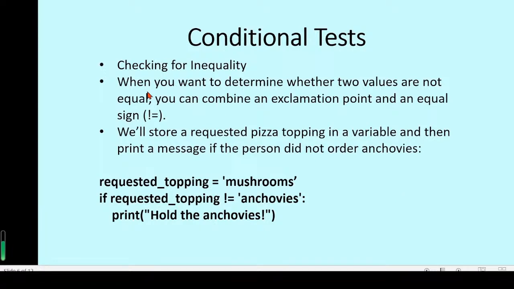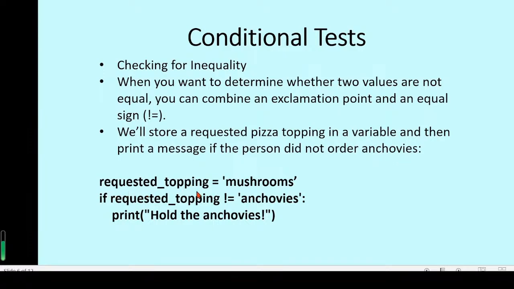Checking for inequality. When you want to determine whether two values are not equal, you can combine an exclamation point and an equal sign. So this means not equal. We will store a requested pizza topping in a variable and then print a message if the person did not order anchovies.